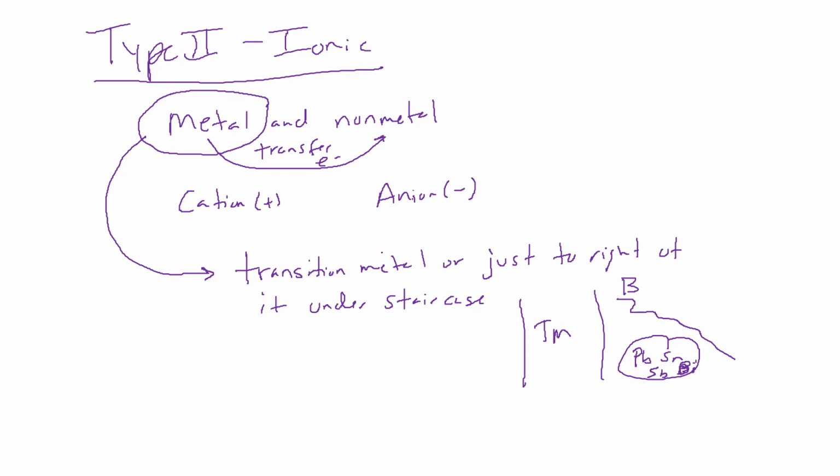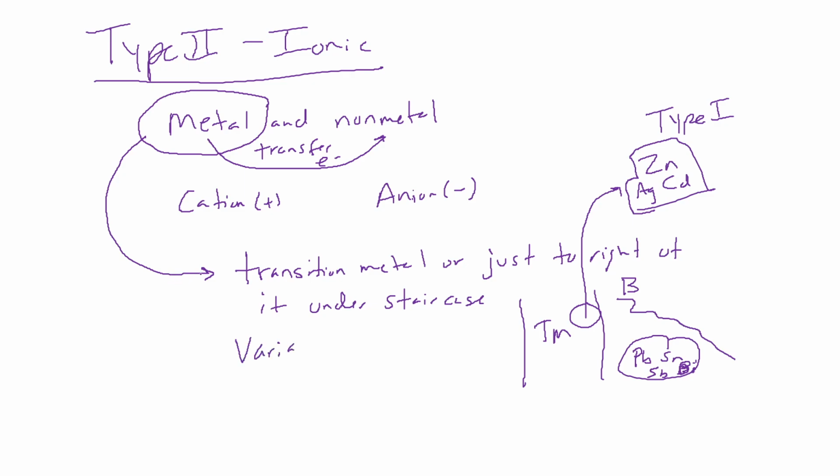The three that are not grouped in with the transition metals, which again are right here in the transition metal region, are zinc, cadmium, and silver. Remember that although these guys are transition metals, they are type 1 metals. What's the difference between type 1 and type 2? Type 2, which we're talking about here, has a variable positive charge.